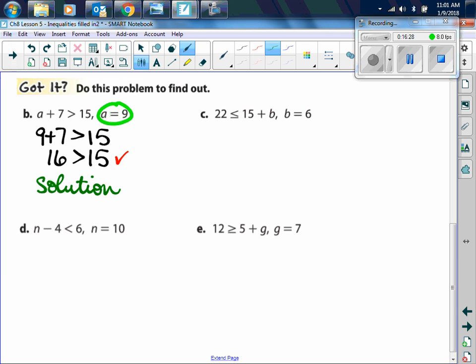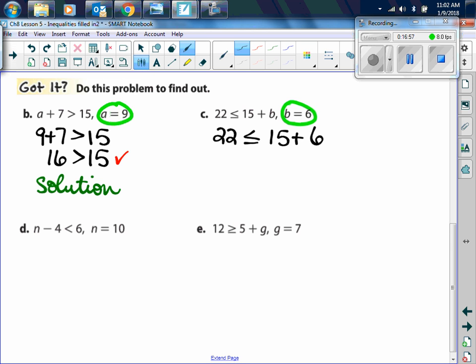For problem C, we are checking to see if 6 is a solution to the inequality 22 is less than or equal to 15 plus B. So here I'm going to put 6 in for B. All right, so we have 22 is less than or equal to 15 plus 6.